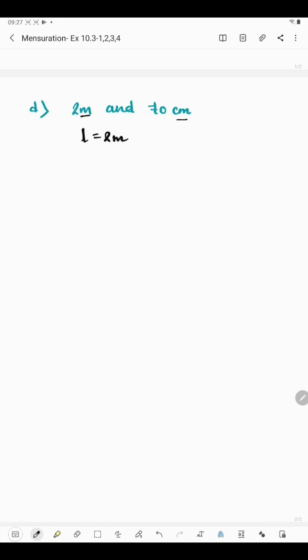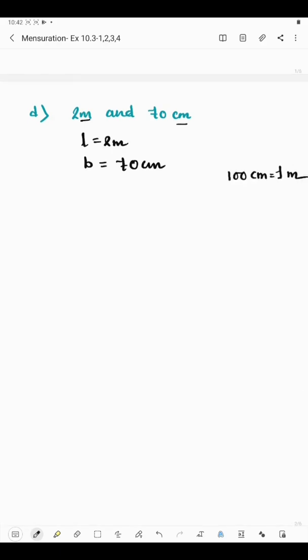So 2 meter will be considered as length, and breadth is 70 centimeter. Now we know that 100 centimeter is equal to 1 meter. So 1 centimeter will be 1 by 100 meter, and 70 centimeter will be 70 by 100 meter.